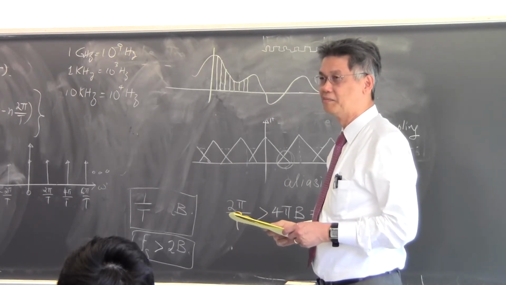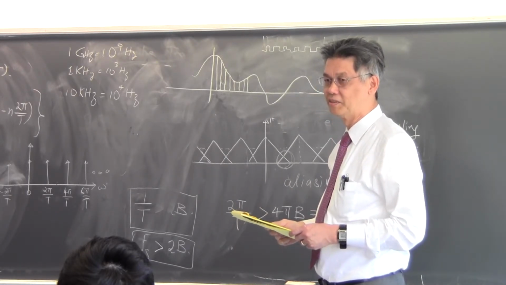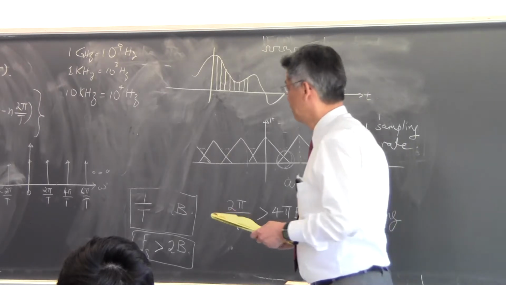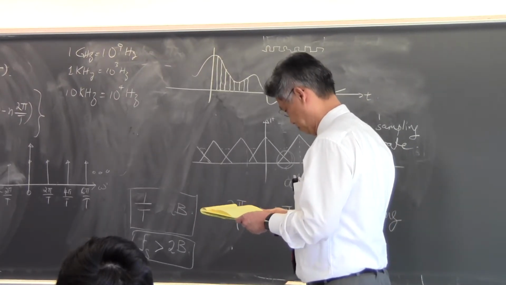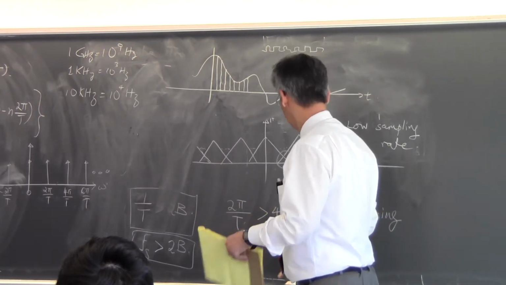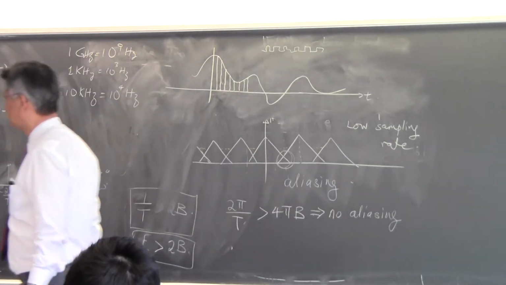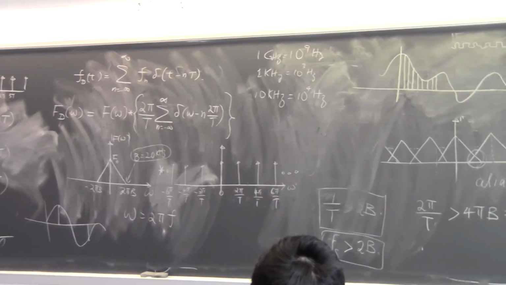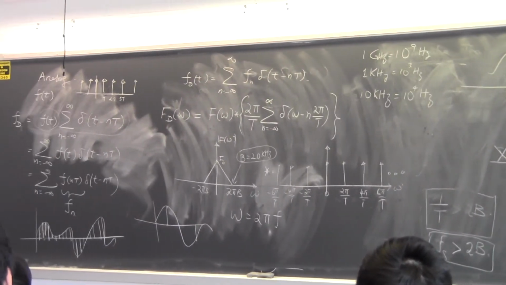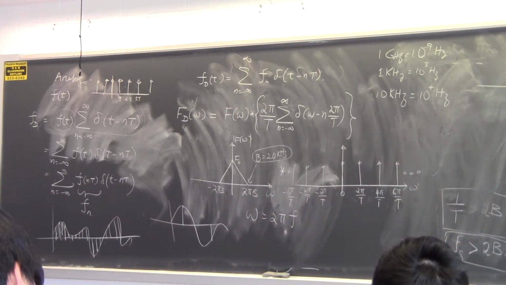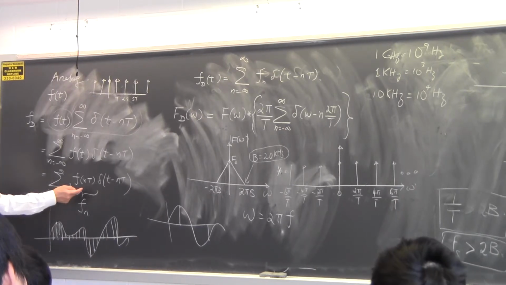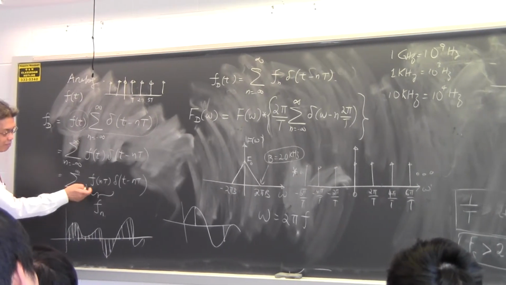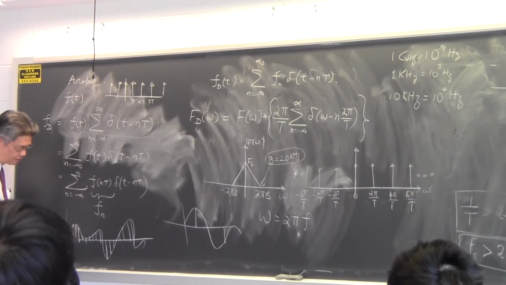Is this understandable, or is this not understandable? Maybe it's good to gain some intuition as to what you actually do in the real world. You sample this. Actually, you do not have to have the knowledge of this function precisely at this location. You have some fuzziness.